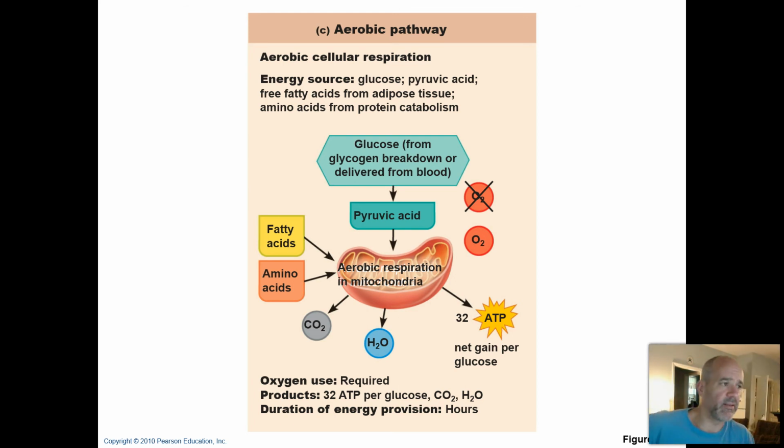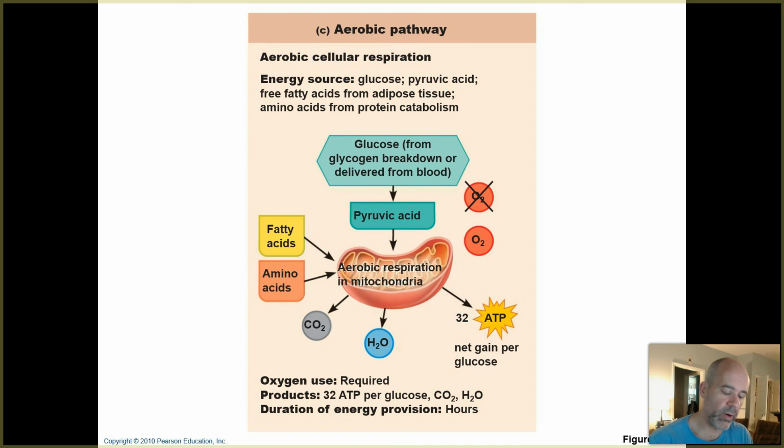In addition to your fatty acids, this diagram is kind of providing an overview of what I was just talking about. Aerobic cellular respiration happens in your mitochondria, and it requires O2. You've got to have O2 as an input to make that happen. Fatty acids, this is what they're showing you over here.